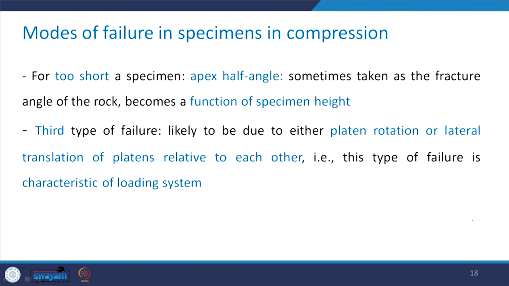So, what we have discussed today is all the various factors that influence the value of UCS and the reason behind that, followed by the modes of failure. So, in the next class we will have some detailed discussion on these modes of failure, why such things are happening. Then we will follow our discussion with the determination of the tensile strength.